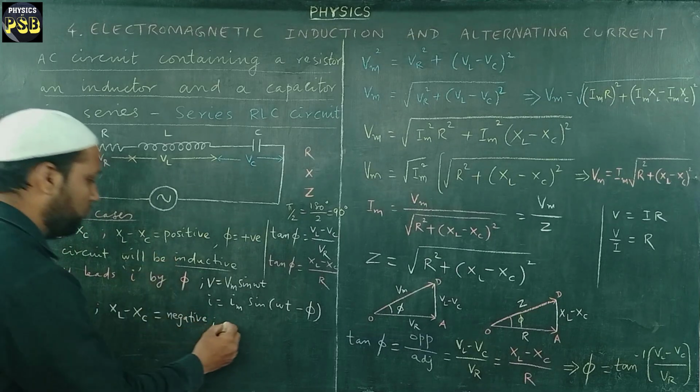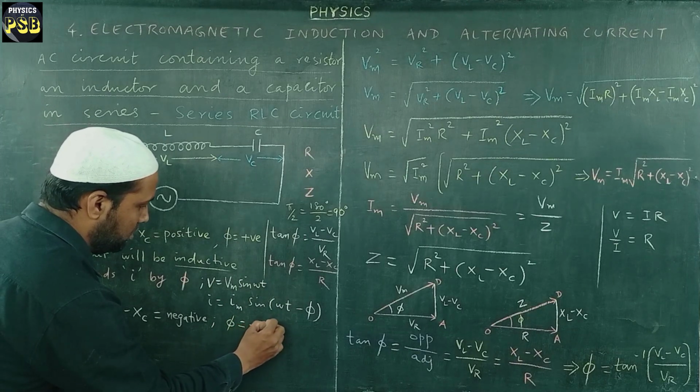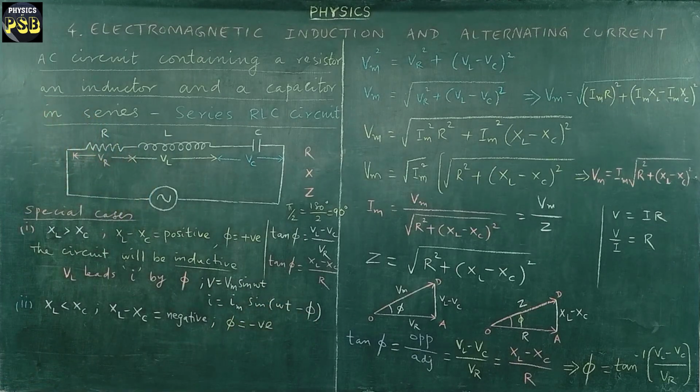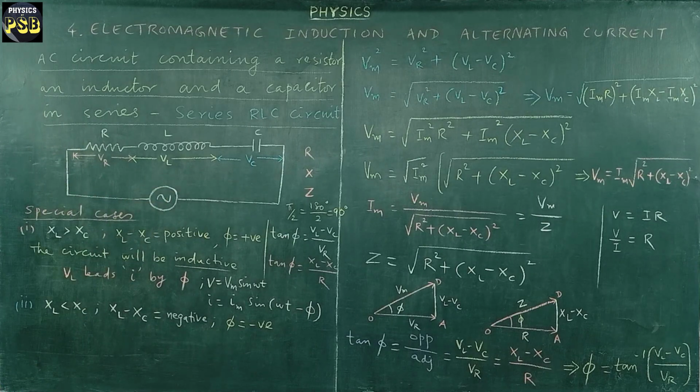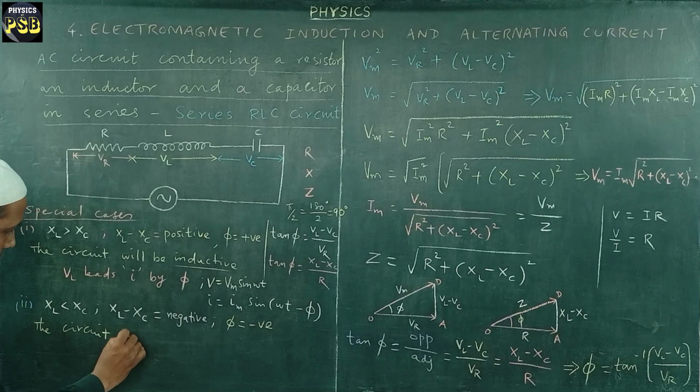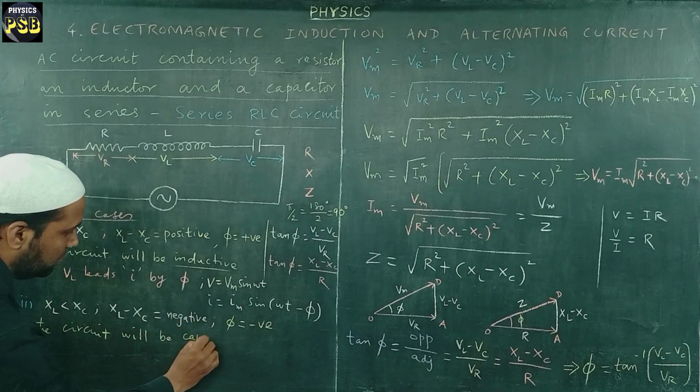So phi is negative. If it is so, then the RLC circuit will be capacitive in nature. The circuit will be capacitive in this case.